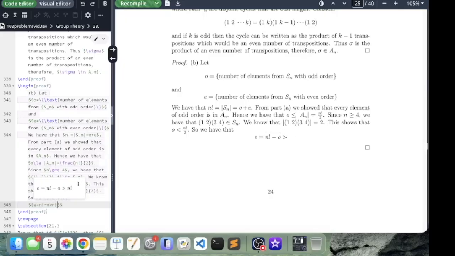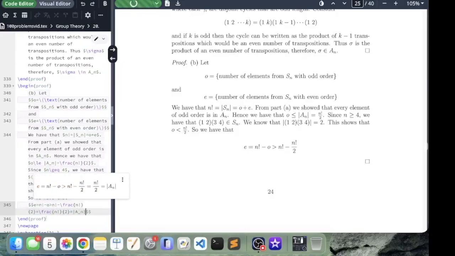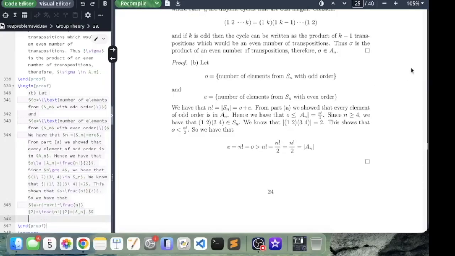So we get n factorial minus n factorial over 2, which is just n factorial over 2, which is just the order of the alternating group. Okay, so what did we just show here? We showed that the number of odd elements is strictly less than the order of the alternating group, and the number of elements of Sn with even order is strictly greater than the order of the alternating group.